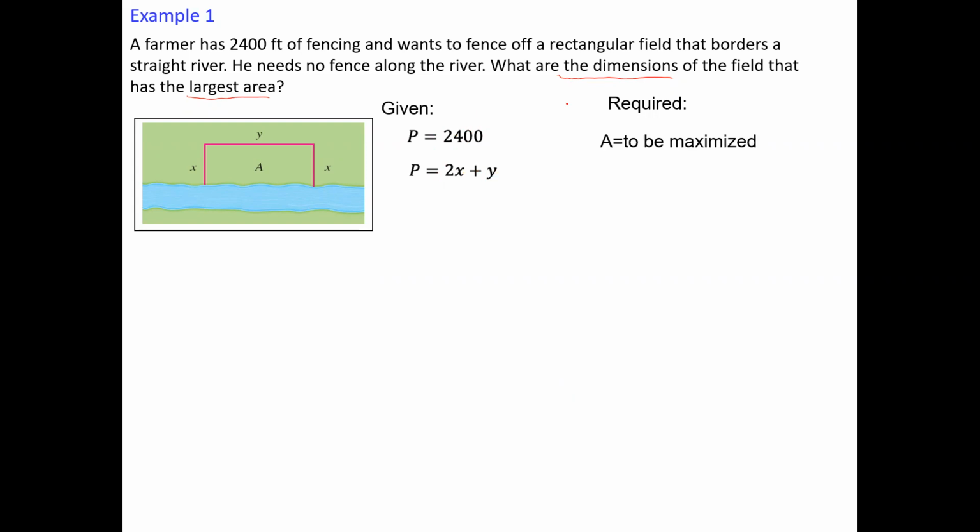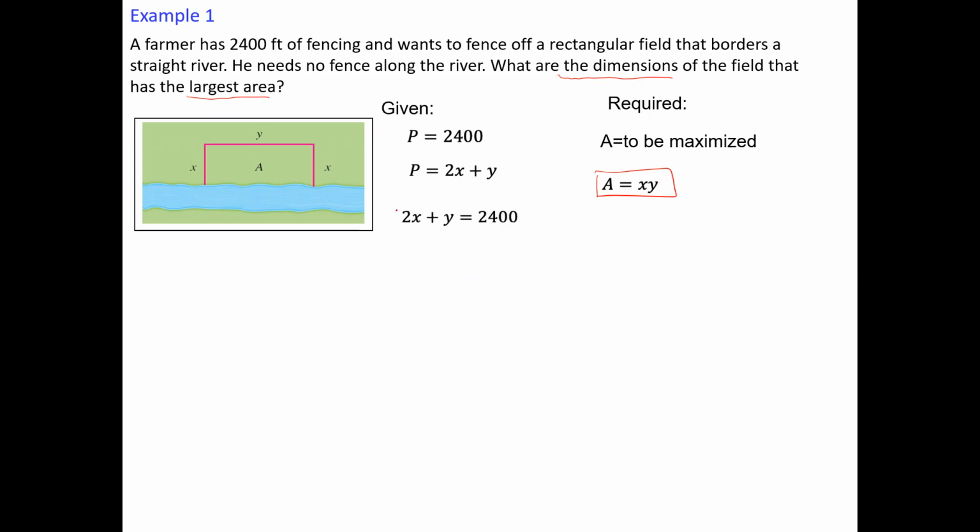Now, we're looking for the area to be maximum. The formula for the area is x times y. That means this is our function. We definitely at this point need a function of one variable. We will use the given information to rewrite y in terms of x.